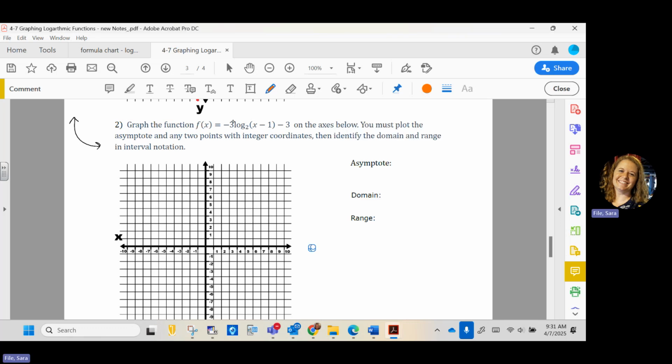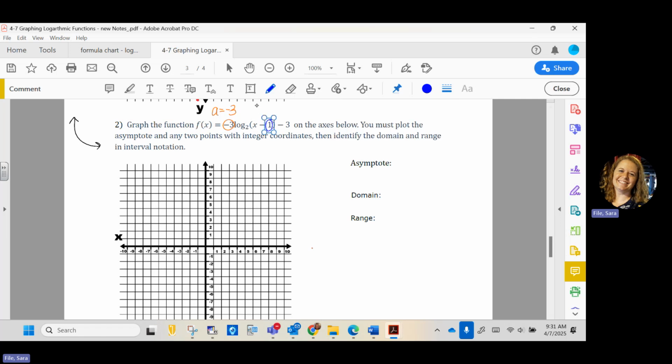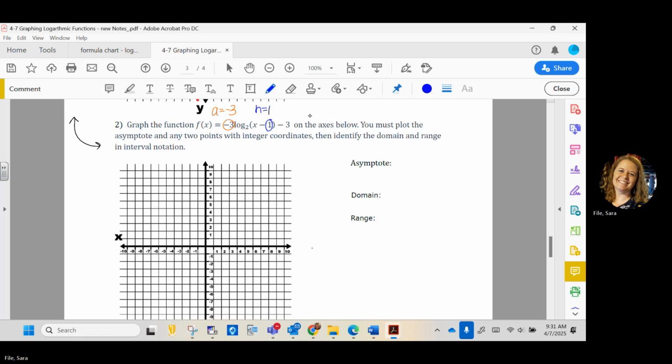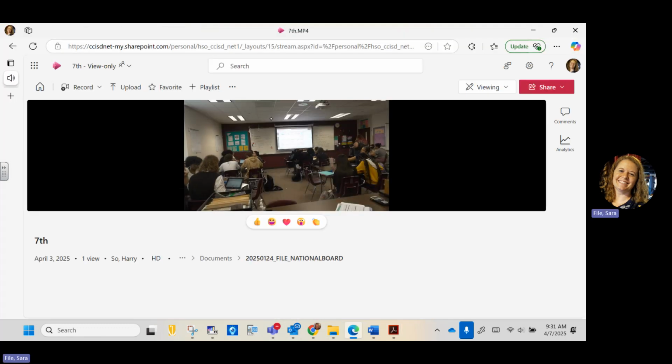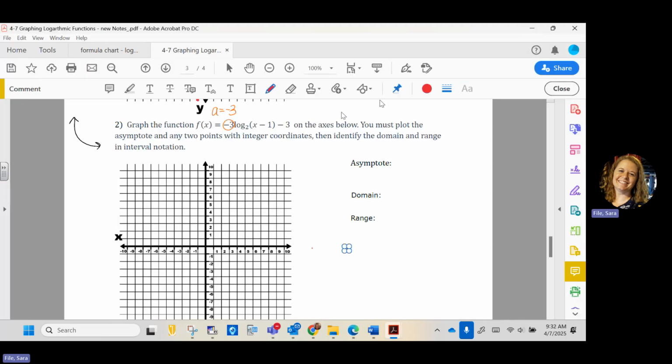So I see that A is -3. I see that H is +1. And that K, oops, I did that in the wrong color. It's doing H in red and K in blue.